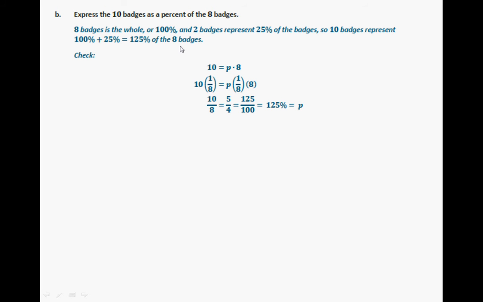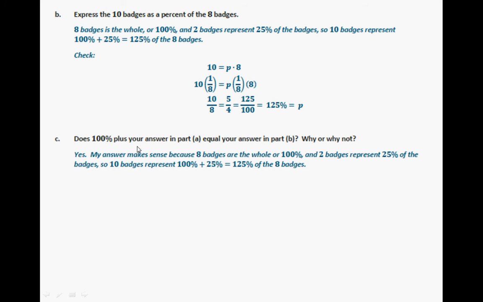And you can check that. If 10 is our part and 8 is our whole, then we would have 10 equals p times 8, and we want to isolate p by multiplying by the reciprocal, 1/8. So 10 times 1/8 is 10/8, or 5/4. Or if we turn that into a power of 10, it would be 125/100, which is the same as 125%.